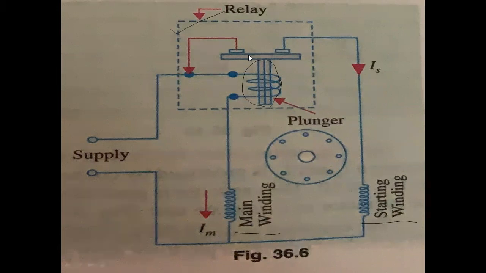After the machine acquires 70 to 80% of the normal speed, IM drops to a normal value. At this normal value, the relay contacts will be opened, because there is no force to attract them to close. This is the operation of the relay.